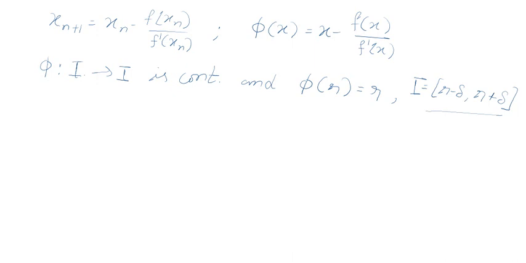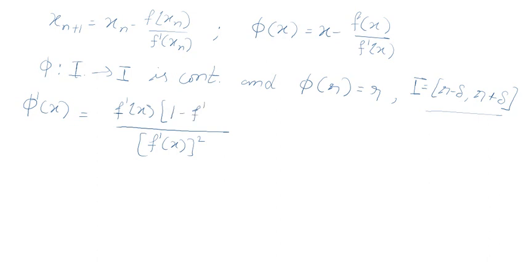Okay, now let's calculate phi dash of x for this case. So phi dash of x is equal to, if I take the u upon v rule, f dash of x whole square, times f dash of x times 1 minus f dash of x, plus x minus f of x times f double dash of x.